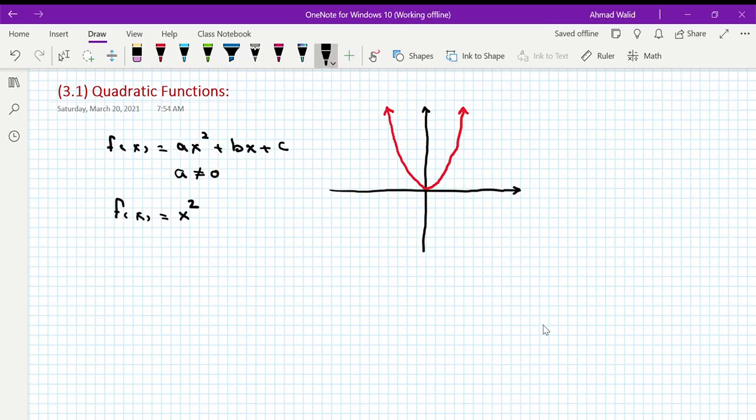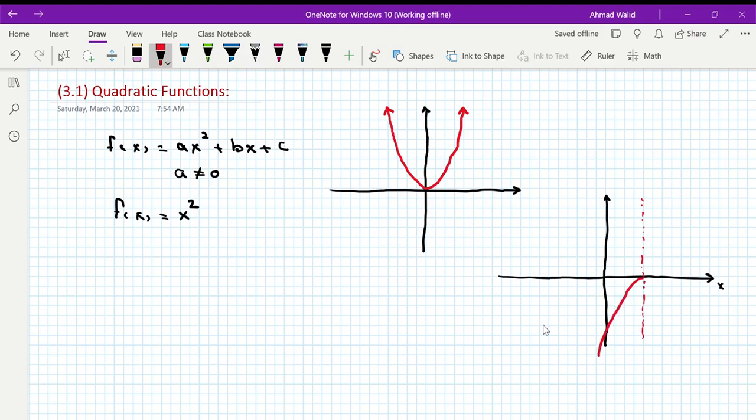Let me graph another one here for you. If this is the coordinate system, x and y, for example, let's graph this one here. Your parabola can open downward, correct? Like this.